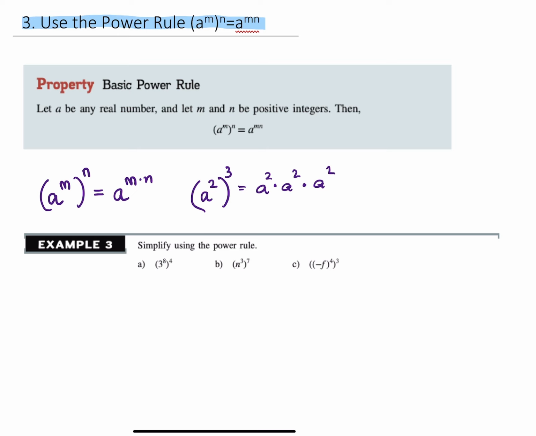And then we could apply that previous rule where we sum the exponents together. This would be a to the 6th power, which you get by multiplying the 3 times 2. We have 3 copies of these 2 copies of a. So copies of copies, if you see it that way.